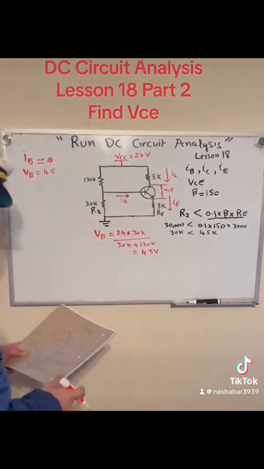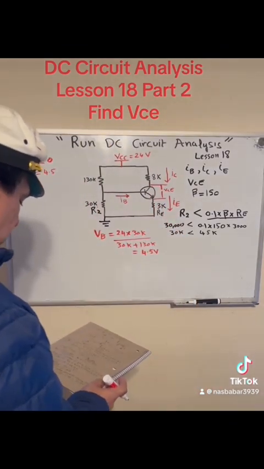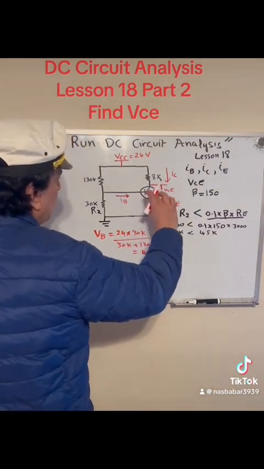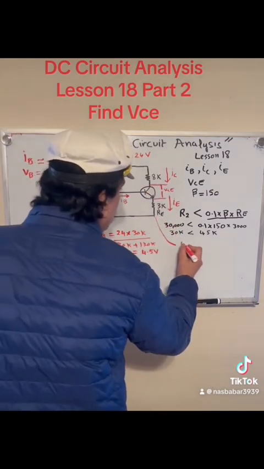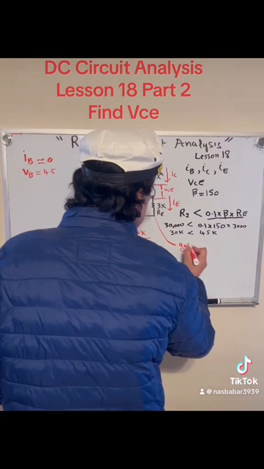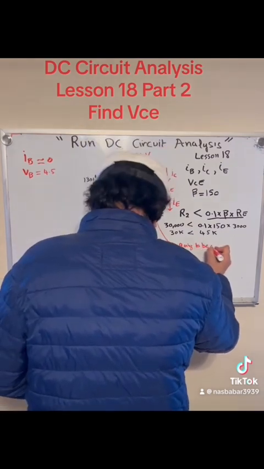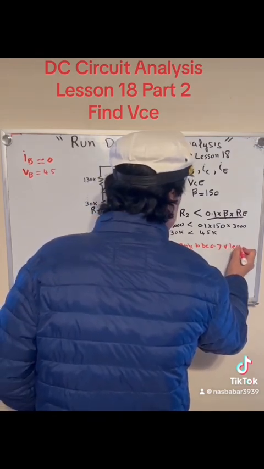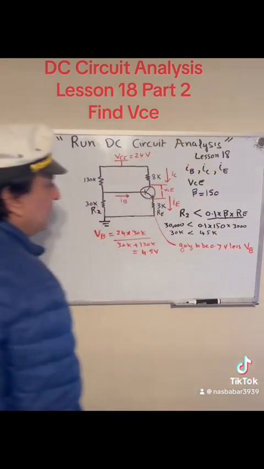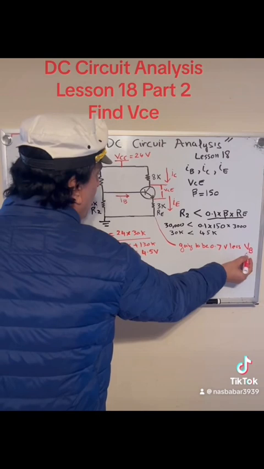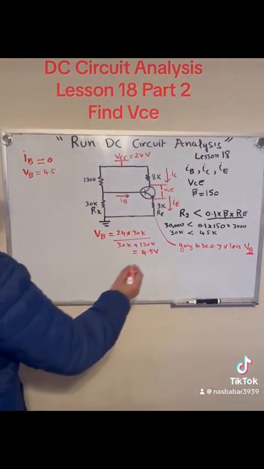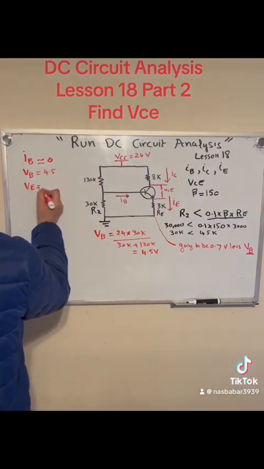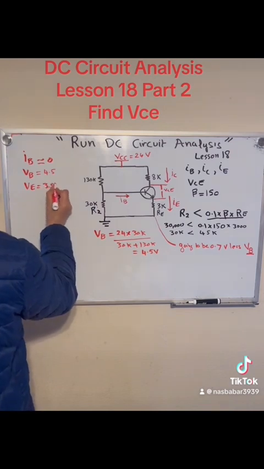So I'm going to use that assumption and say that the voltage at the emitter is going to be 0.7 volts less than V sub B. We already found V sub B is 4.5, so under that assumption, V sub E, the voltage at the emitter, is going to be 3.8 volts, right?